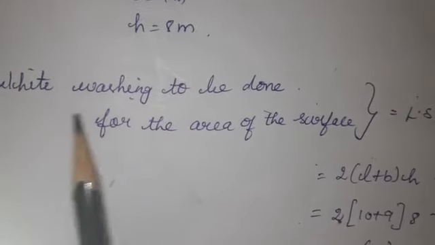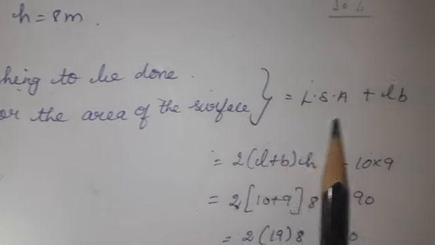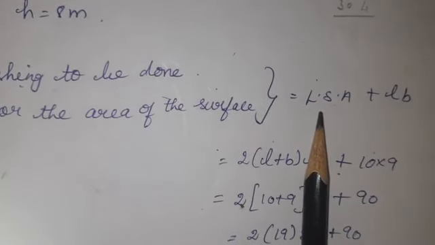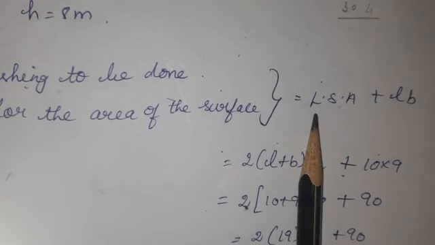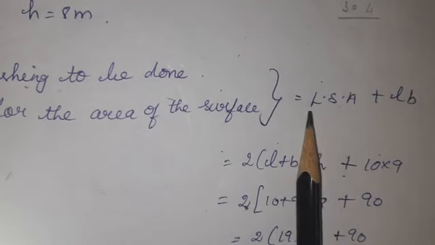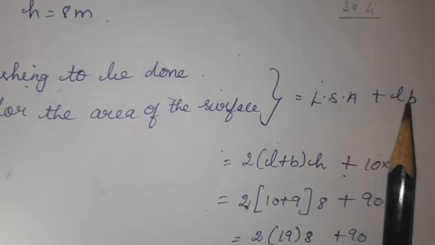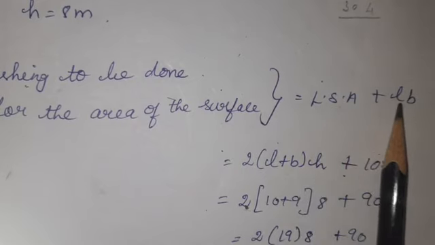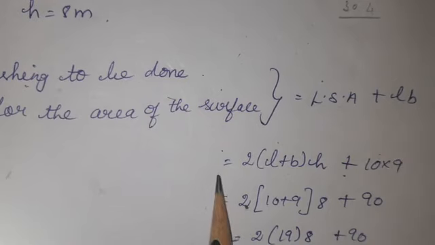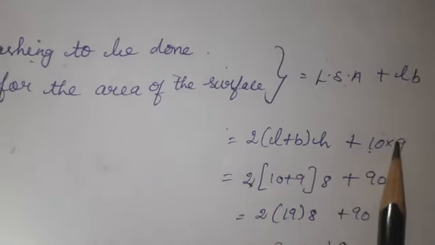Therefore, the whitewashing to be done for the area of the surface is equal to LSA, that means leave out the area of top and bottom. So remaining we are finding now, that is LSA. We are going to find that ceiling. Ceiling can be written as L into B. Is equal to LSA formula is 2 into (L plus B) into H, plus L into B, where L value is 10 and B value is 9.